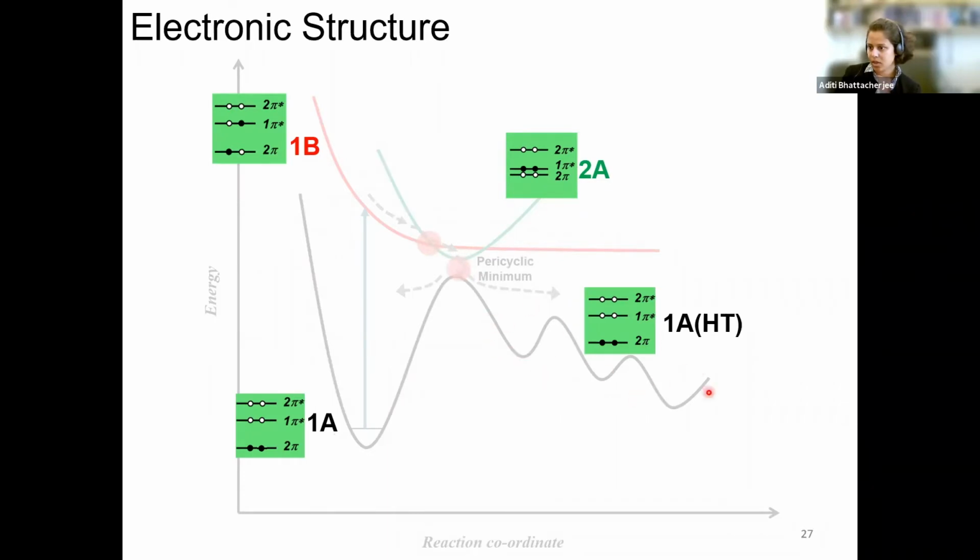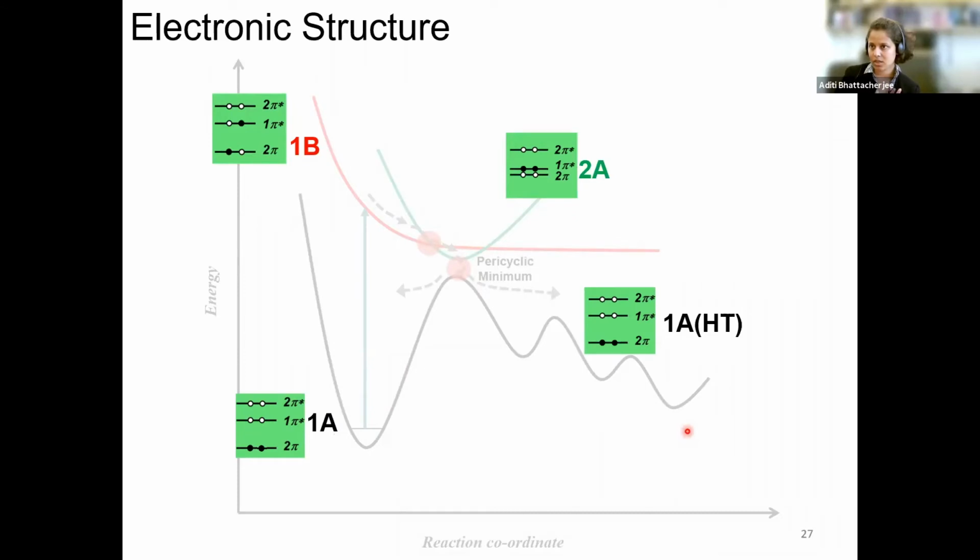And finally, in the ring open form, where the C1-C6 bond distance has increased, and we have the isomers of hexatriene, we've recovered a 2 pi HOMO and a 1 pi star LUMO, meaning the electronic structure in the open form is very similar to the electronic structure in the closed form. We have the same pi and pi star HOMO and LUMO orbitals.